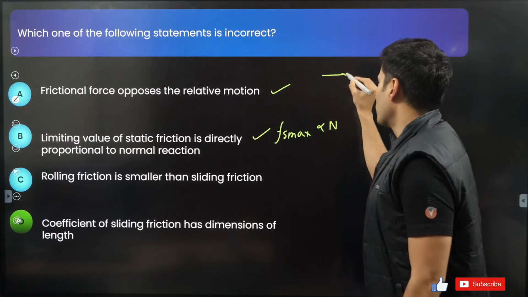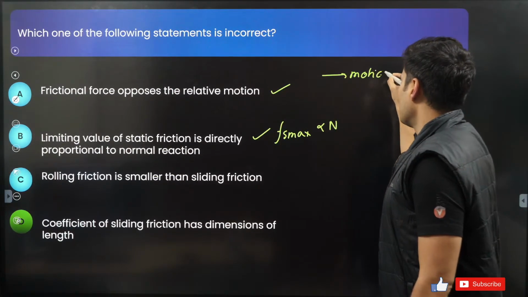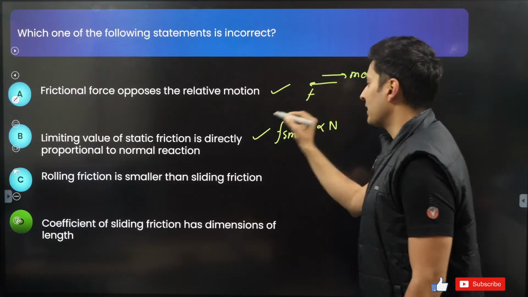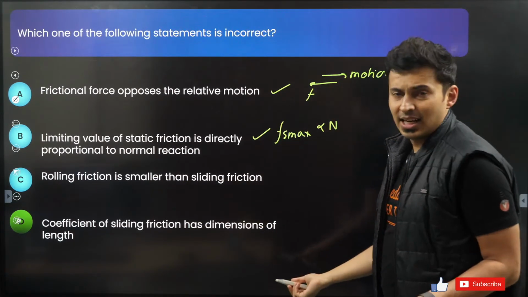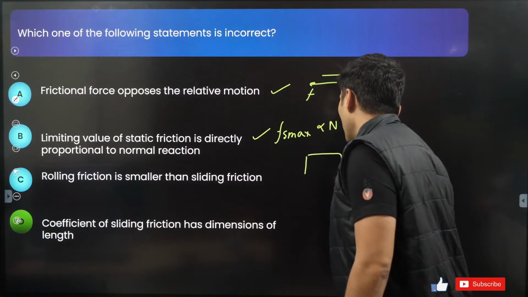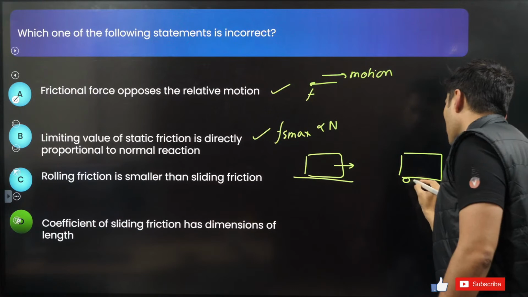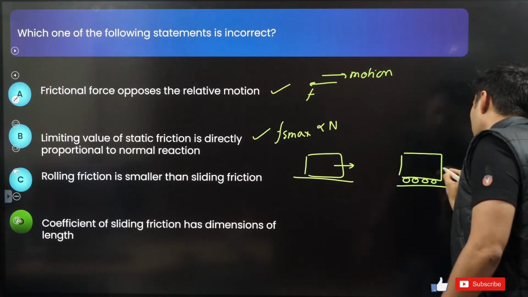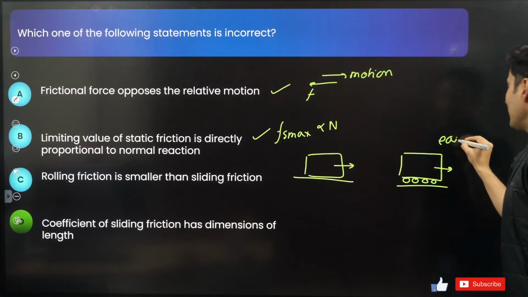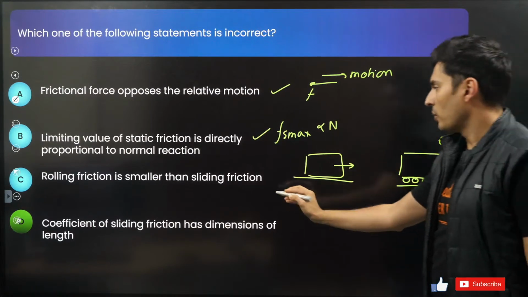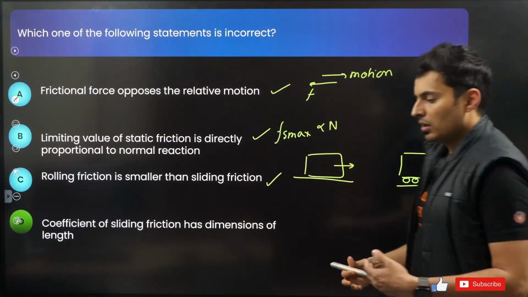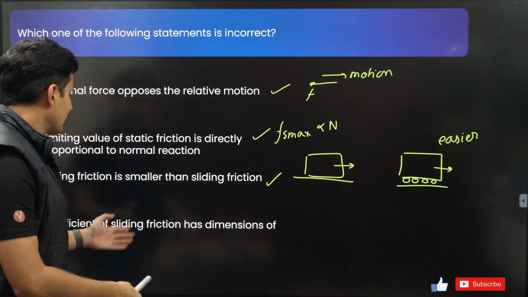If the motion is here, you will see the frictional force will be this side. Correct. Rolling friction is smaller than sliding friction. I just told you. If you have an object and have to move it like this, versus if you have rollers below it, moving it will be easier. So this tells you rolling friction is easier to overcome as compared to sliding friction.